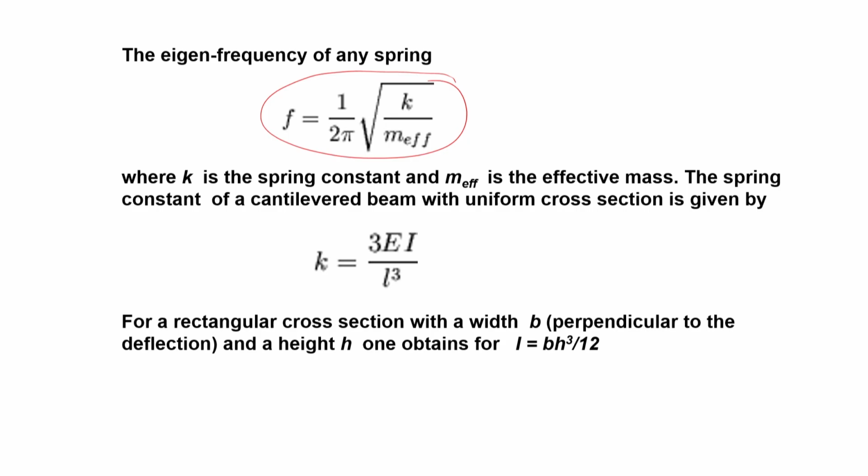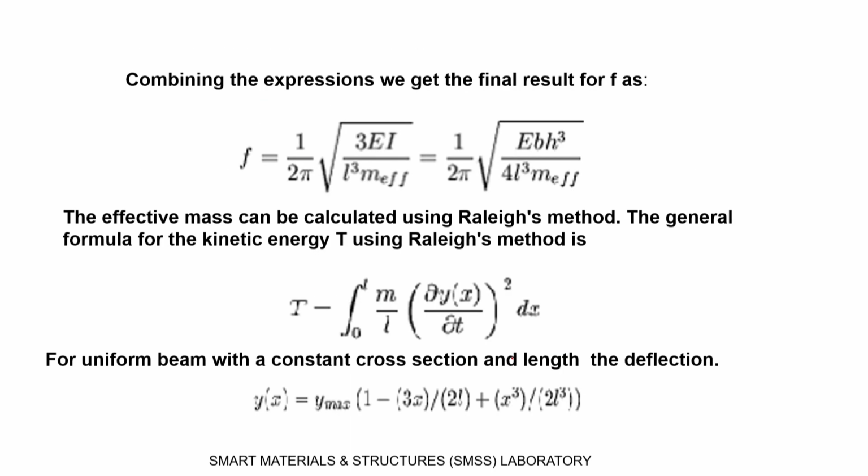Well, for a cantilever beam, the k can be assumed against the bending and then it becomes 3EI over L cubed. If that is the k and I is also known to us, then we can go one step further. We can actually write the expression of f not in terms of I, but in terms of the geometrical parameter, because we have to finally do this exercise with respect to one of the free variables of the system.